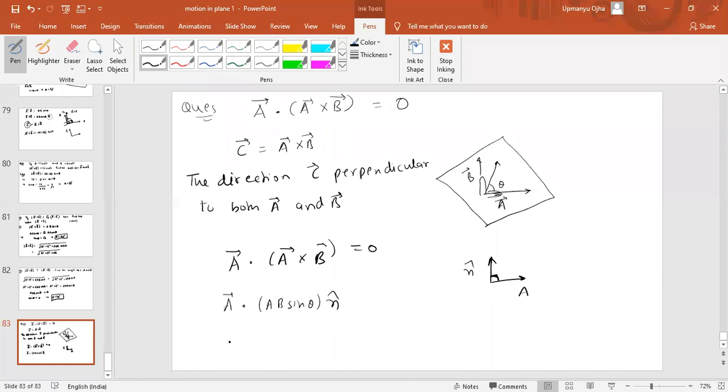So if I find the value, that is A dot A, then this value, that is AB sine theta, into cos 90. That is the value of A dot A cross B. Cos 90 is 0, so the answer will be 0. That is the mathematical proof, because n cap and A are at 90 degree.